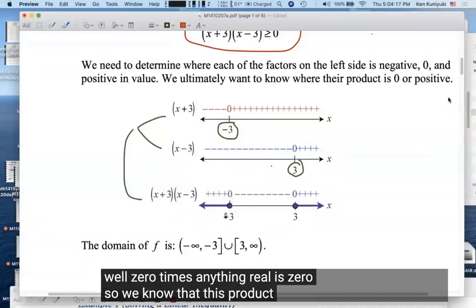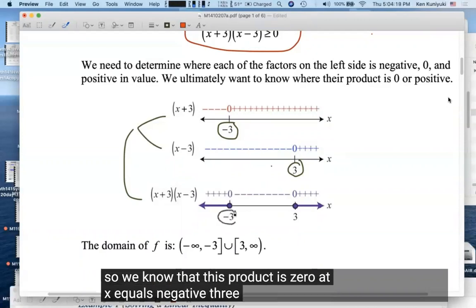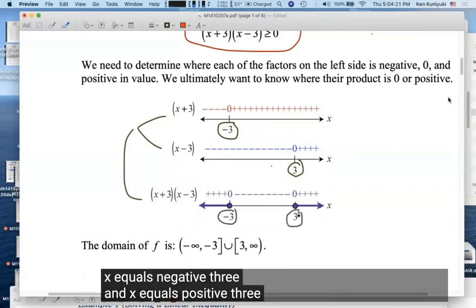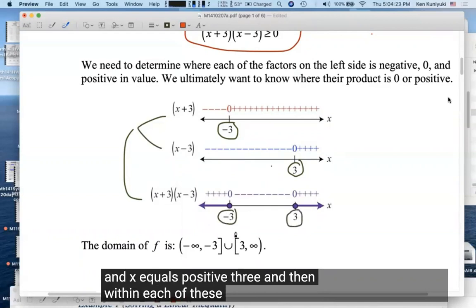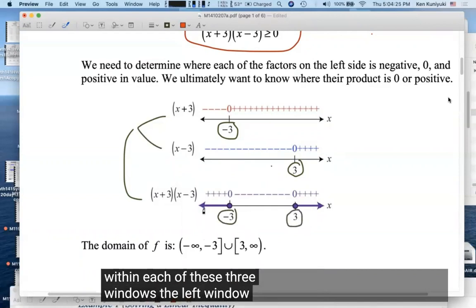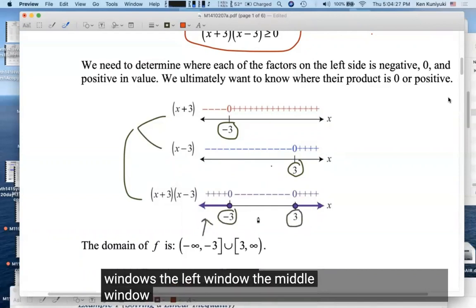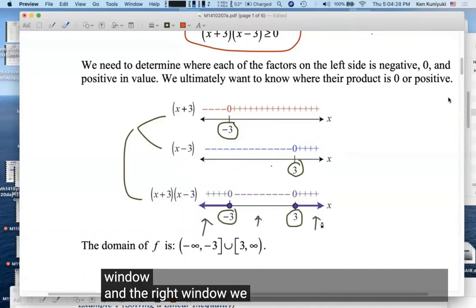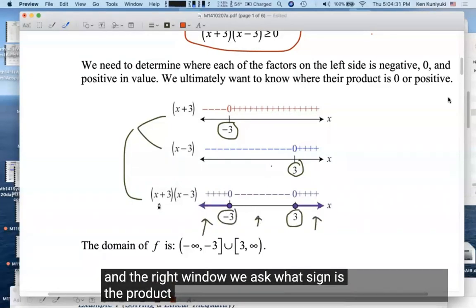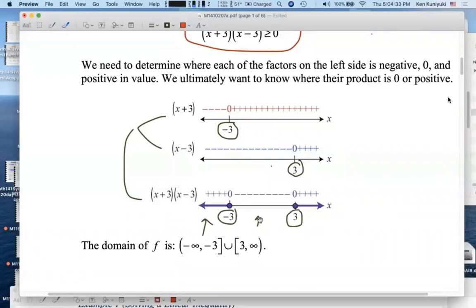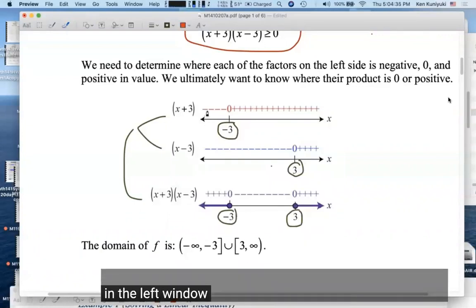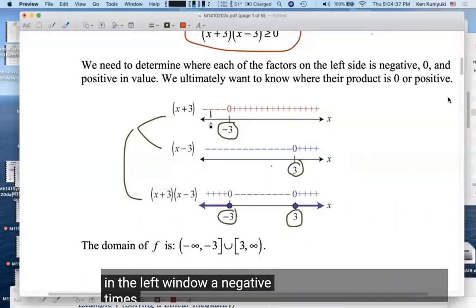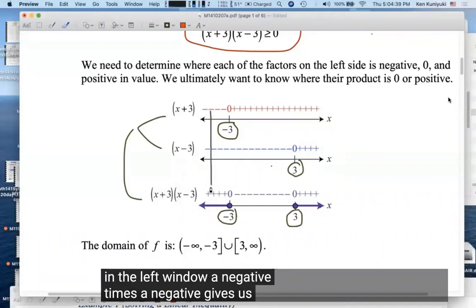So we know that this product is 0 at x equals negative 3 and x equals positive 3. And then within each of these three windows, the left window, the middle window, and the right window, we ask what sign is the product. In the left window, a negative times a negative gives us a positive.